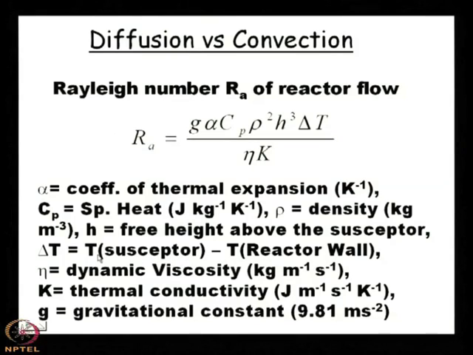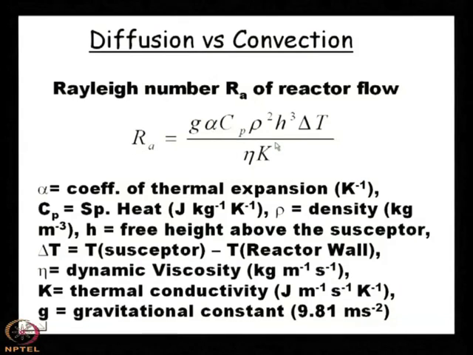It is in the numerator. In the denominator there will be the viscosity, eta, and the thermal conductivity, right. So, this is the equation for the Rayleigh number.